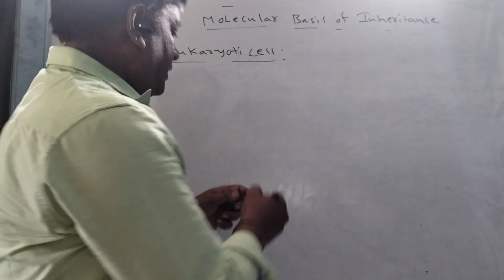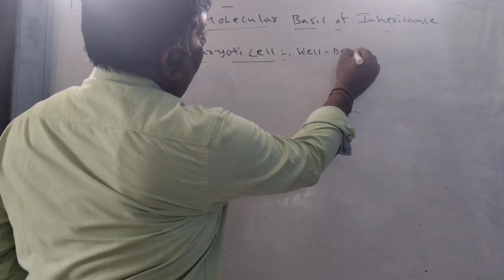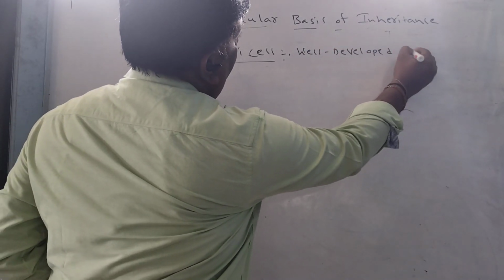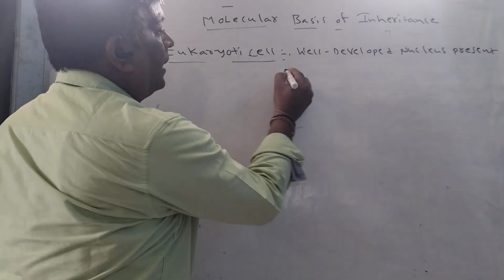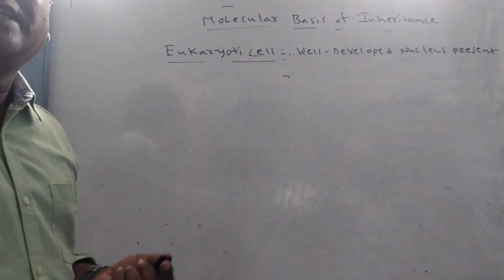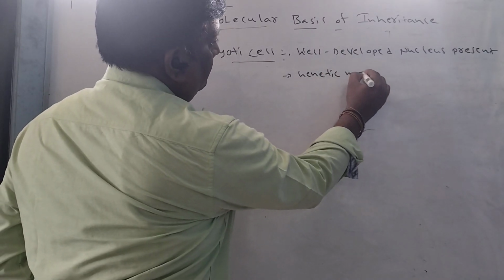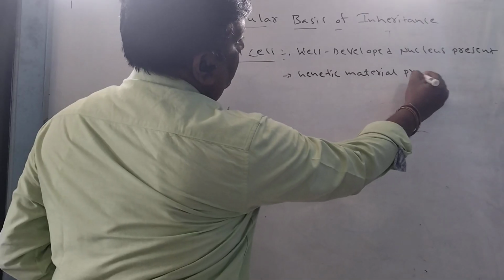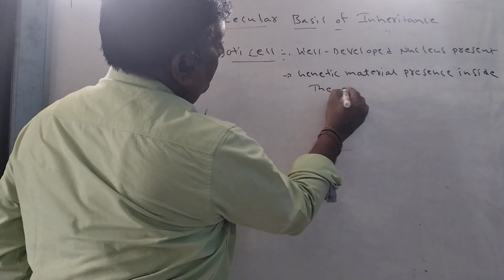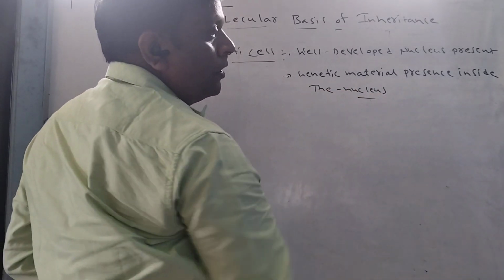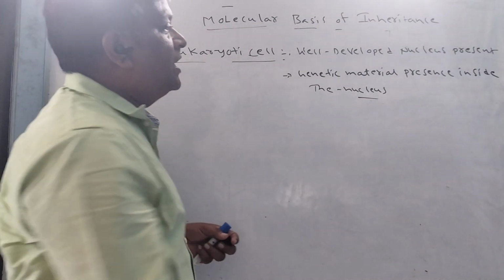In the prokaryote cells, the genetic material is present in the cytoplasm, but in eukaryote cells it is present inside the nucleus.